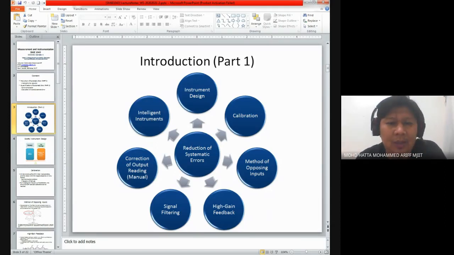And we also have correction of output reading. Maybe we can do it manually by correcting, comparing with our calculation and the reading that we have. And also intelligent instruments. Of course, with an intelligent instrument, with a single press of a button, you can recalibrate and correct our instrument measurement in an instant.